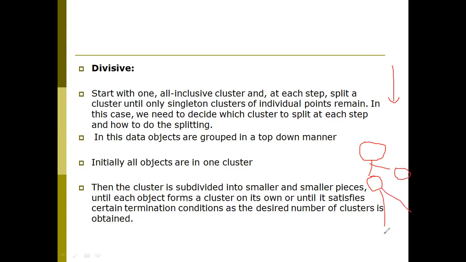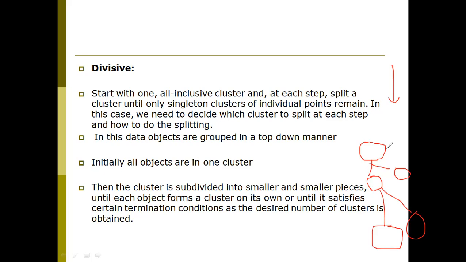Like this, it keeps dividing the data points of a cluster until it reaches the termination condition of divisive hierarchical clustering. What is the termination condition? All the individual data points become leaf nodes.